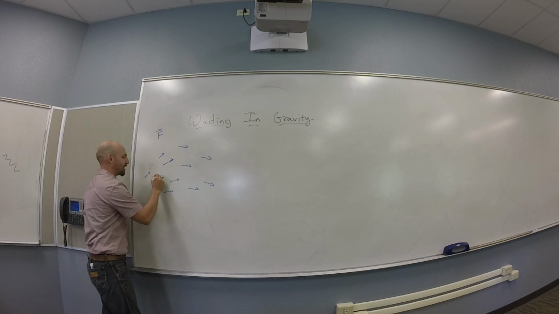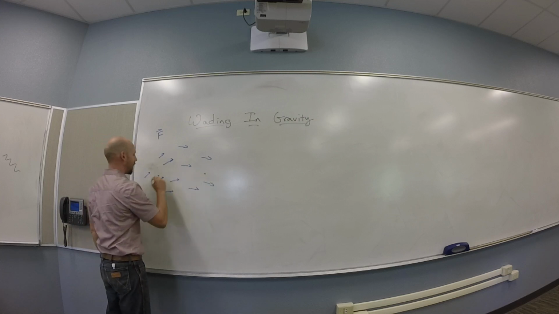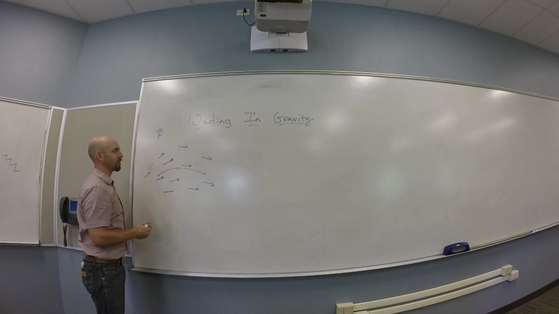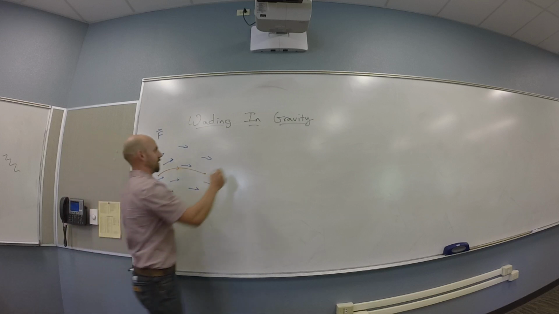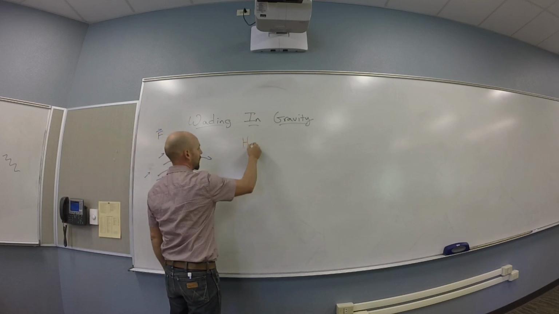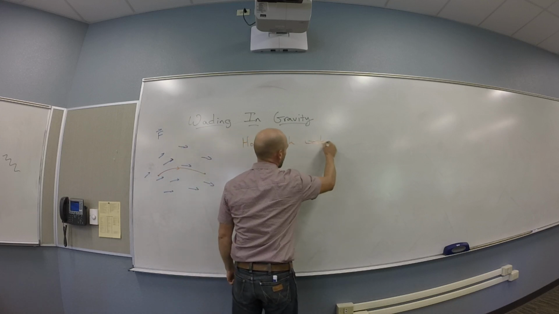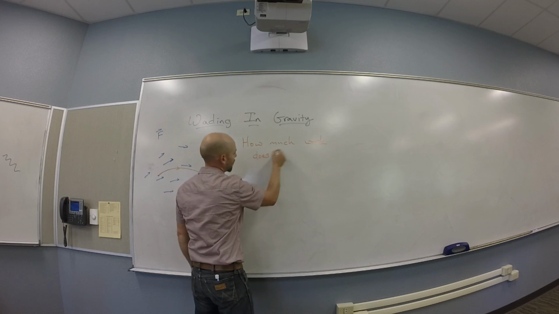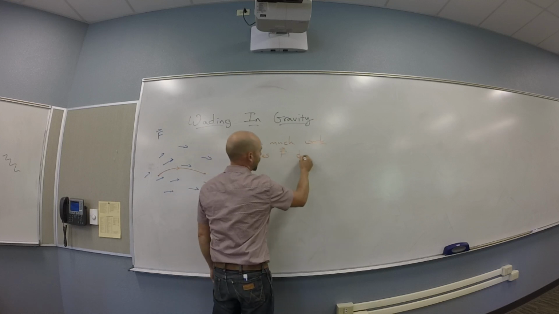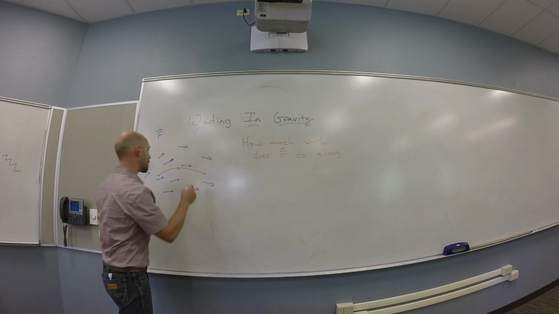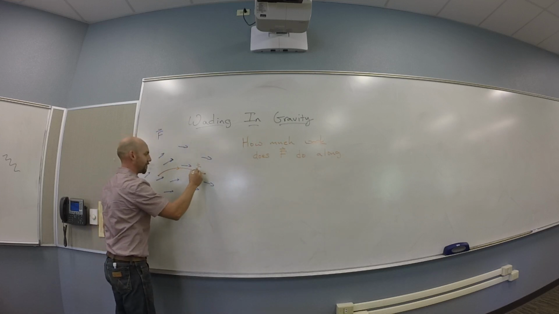Now, I want to ask you a question. If I go from here to there along, say, this path, you guys see that? I am interested in, of course, questions like, how much work does F do along, I'm going to call this path R because I'm really creative.